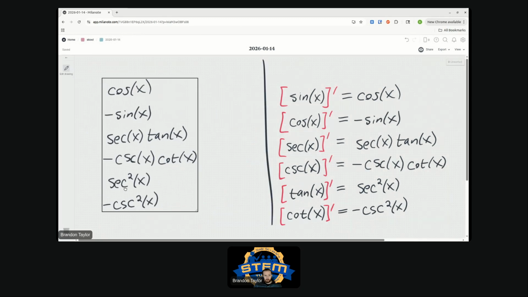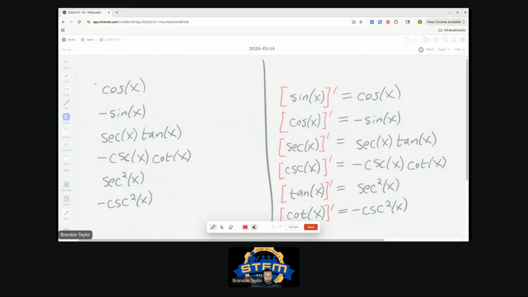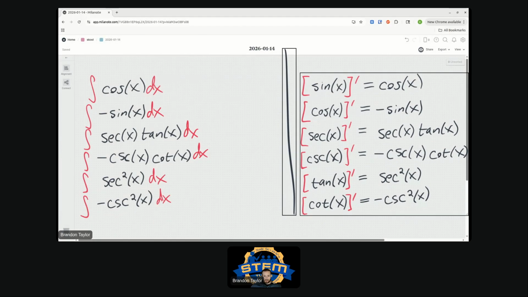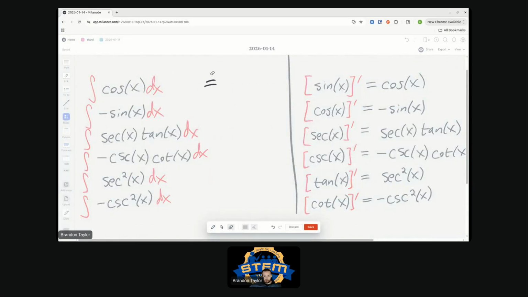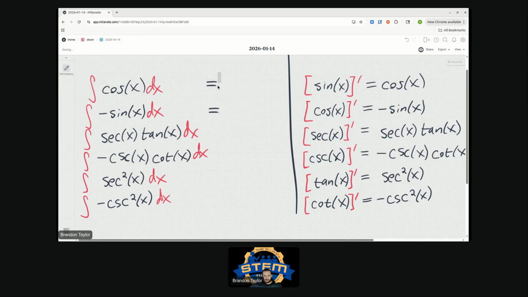If you're taking the integral of any one of these things, the integral, and then dx, basically, the right side of all of these equations is going to end up being the left side of what we have below.